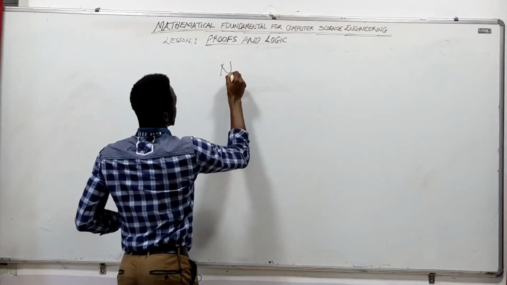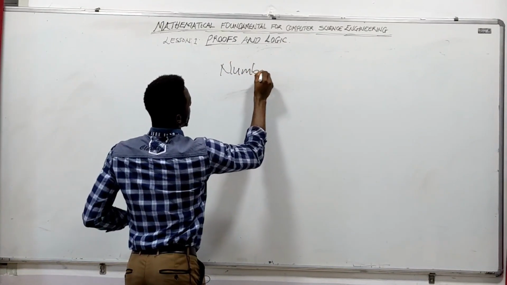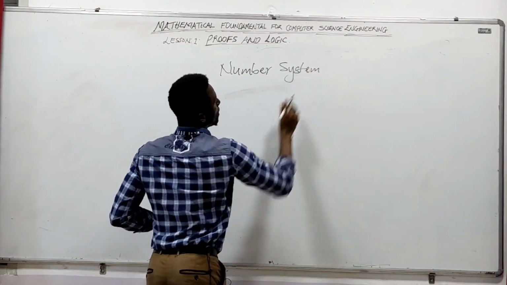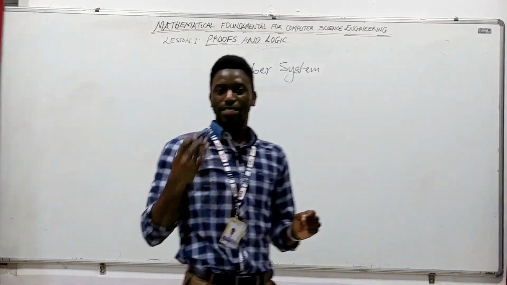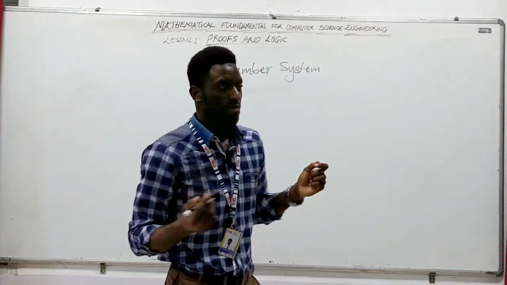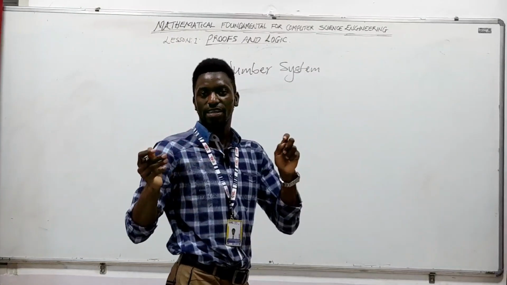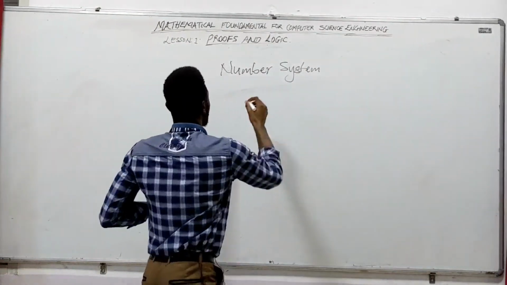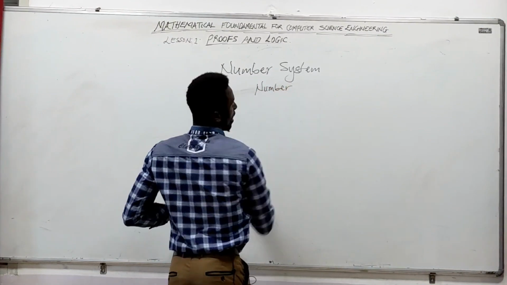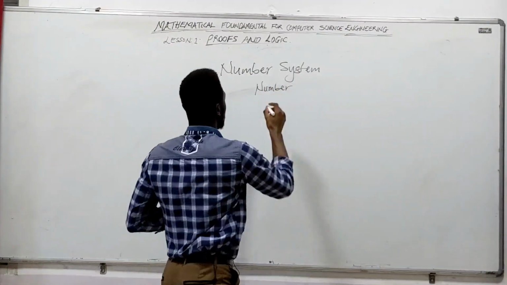Number system. Numbers are just representation of symbols. But numbers are divided into different types. So here we have numbers that are divided into two types.